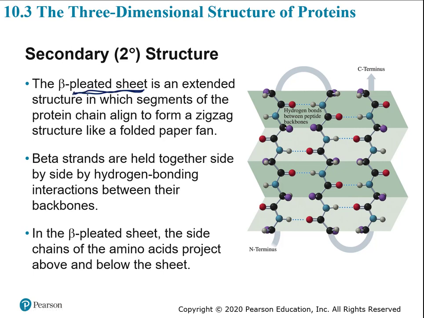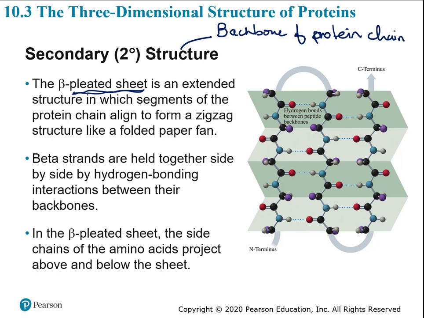It is still considered secondary structure because it's the NCC, the backbone of the protein chain, that's actually doing that. So it's not the R groups. The R groups aren't involved in this.